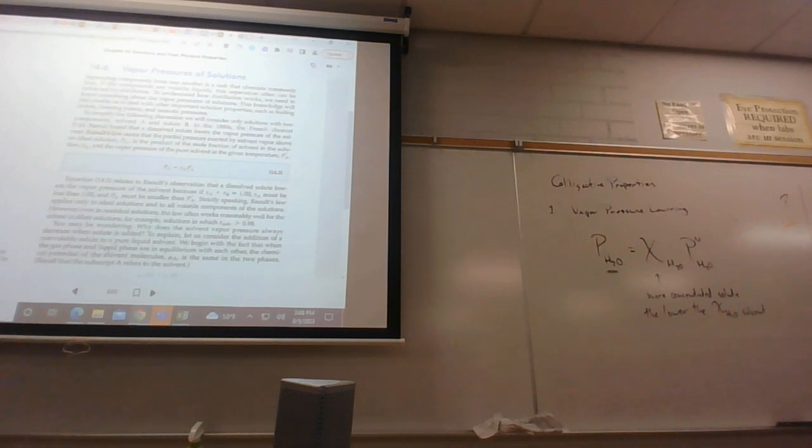And so the melting point goes lower, but the boiling point ends up going higher. And so we have boiling point elevation here. And delta T BP is equal to a different constant times the molality.